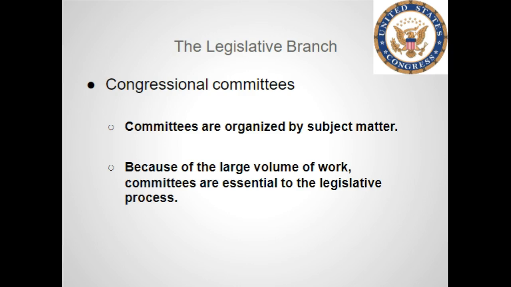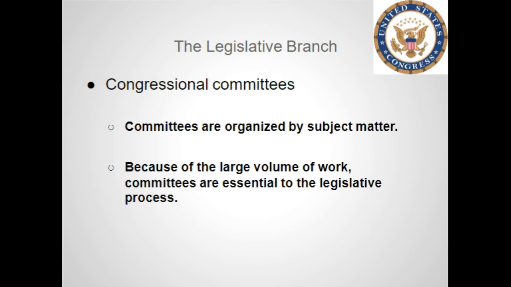You have the education committees, which look at the education of our country, so it goes by subject. Congress is divided like that because not every member of Congress can be an expert on every topic.